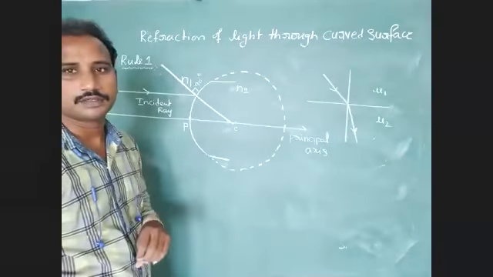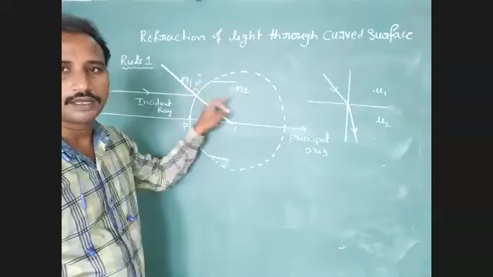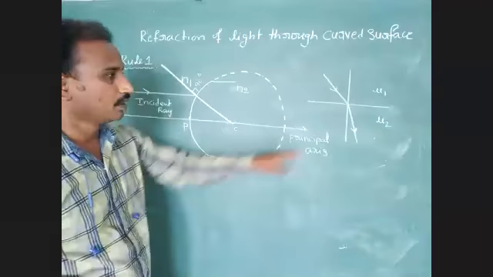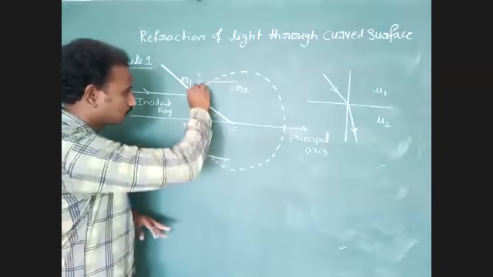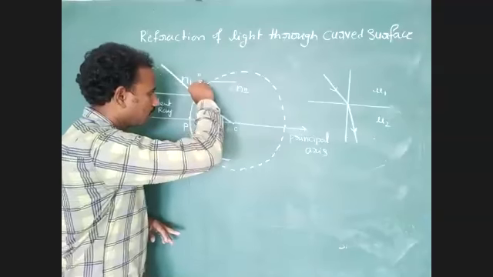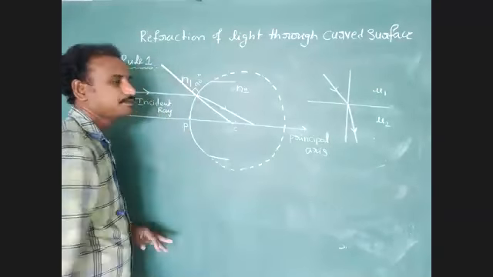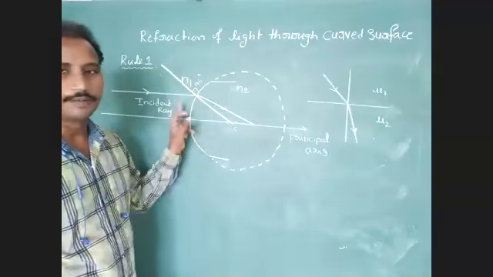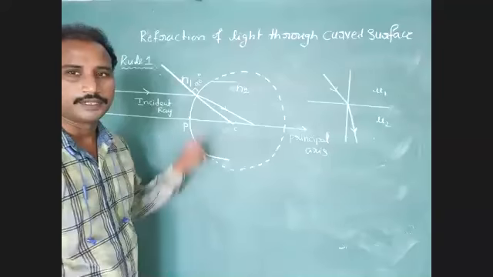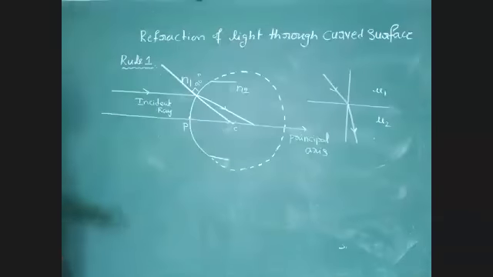Just identify this point. Here, the ray of light is traveling from a rarer optical medium to a denser optical medium, so the refracted ray bends towards the normal. It represents rule 1.